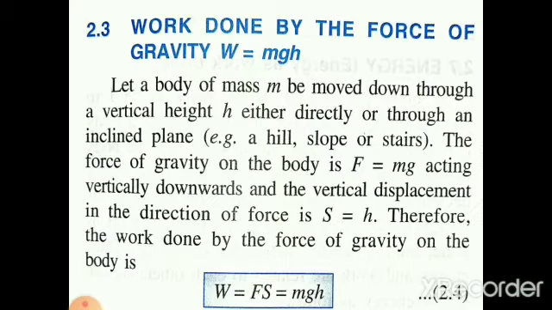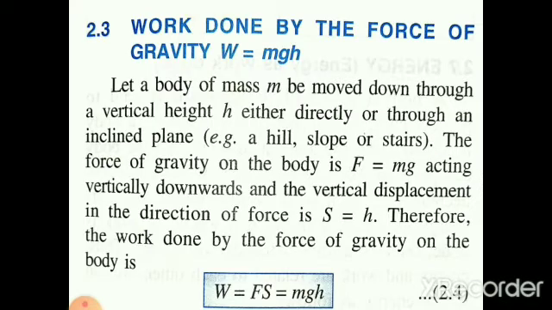When a body of mass m moves down through a vertical height h, then the work done will be positive mgh. Thus the work done by the force of gravity is the same whether the body comes down from a certain height using the stairs, slope or a lift.